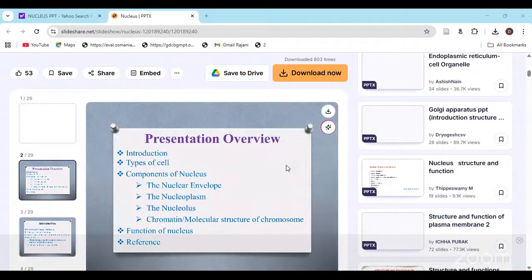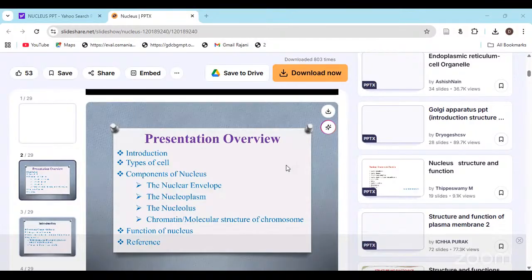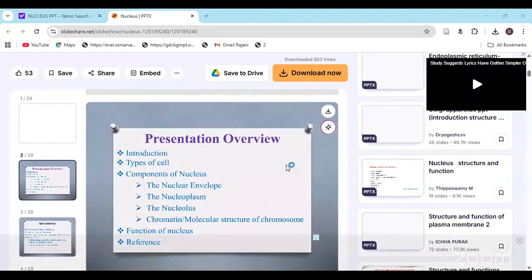And then what are chromatins, and the molecular structure of the chromatins. These are the most important things for the nucleus.